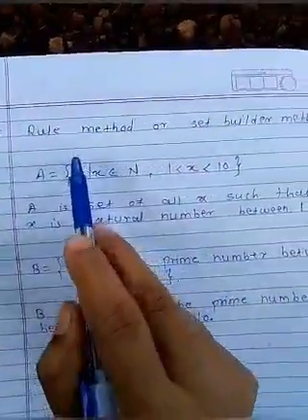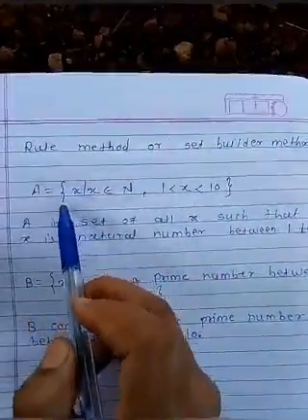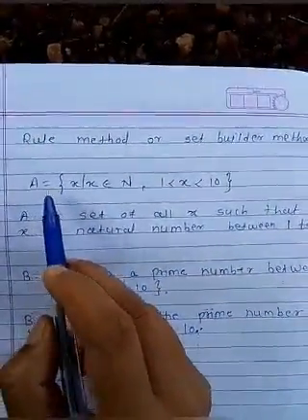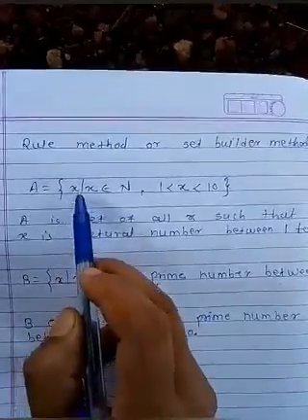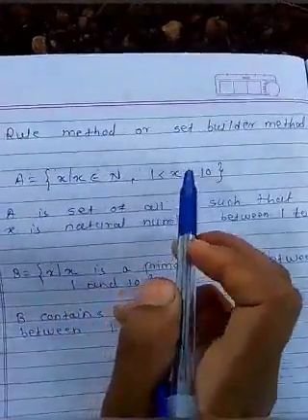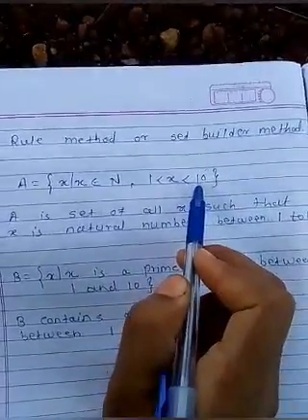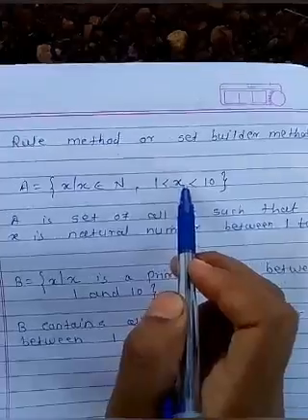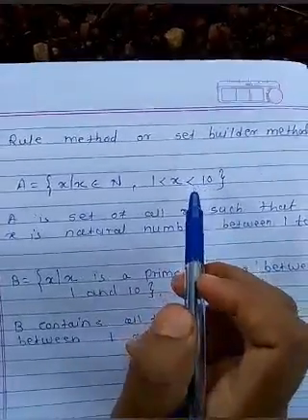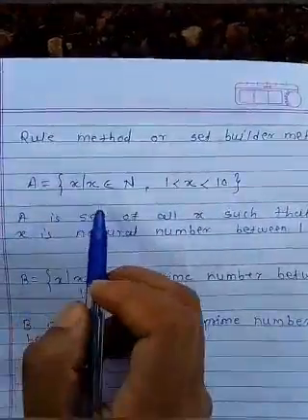Now see the second method. Second method is the rule method or set builder method. In this method we write the set like this. A is equal to curly bracket x slash x belongs to N, comma, 1 is less than x and x is less than 10.